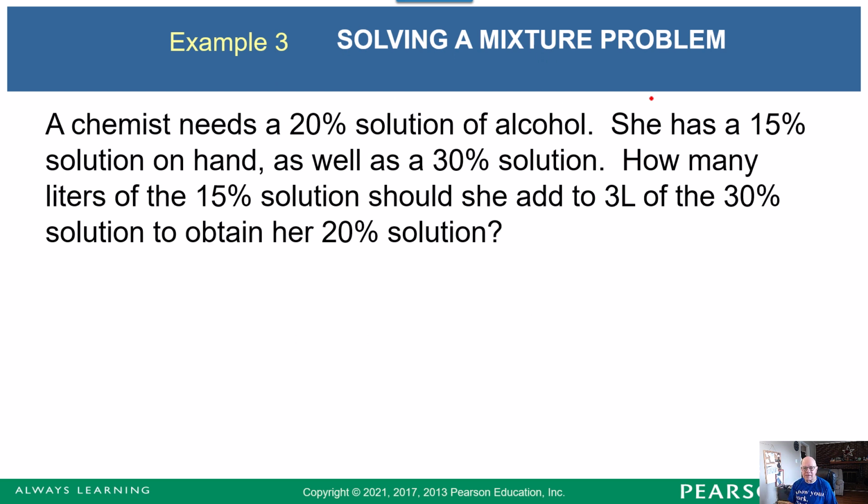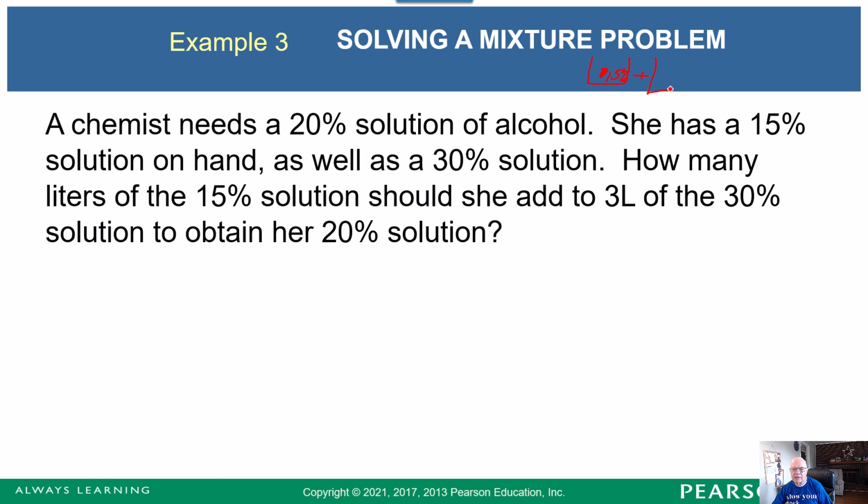The chemist needs a 20% solution of alcohol. She has a 15% as well as a 30%. Notice that the final is between the other two. She's got a container that has a 15%.